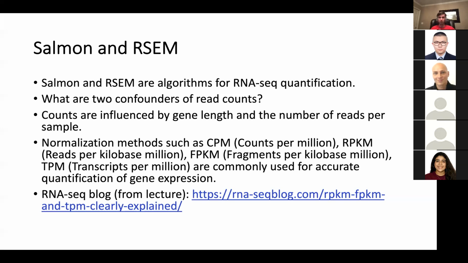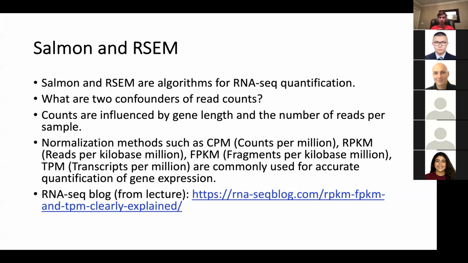And then for RPKM, you essentially take the counts per million and then divide by the length of that gene. TPM reverses the order, where first you divide by the length of the gene in kilobases, and then you normalize that per million.